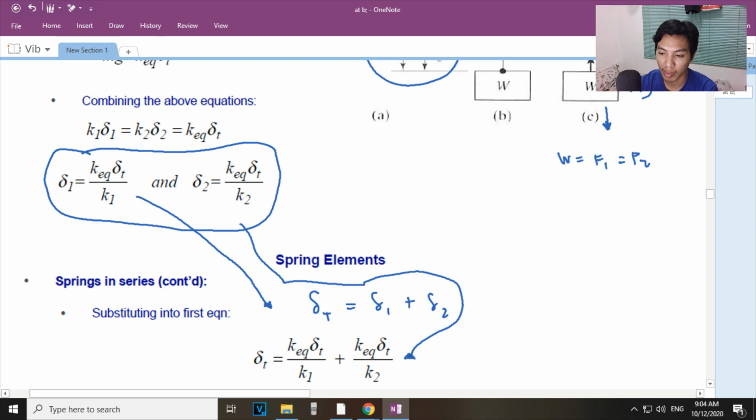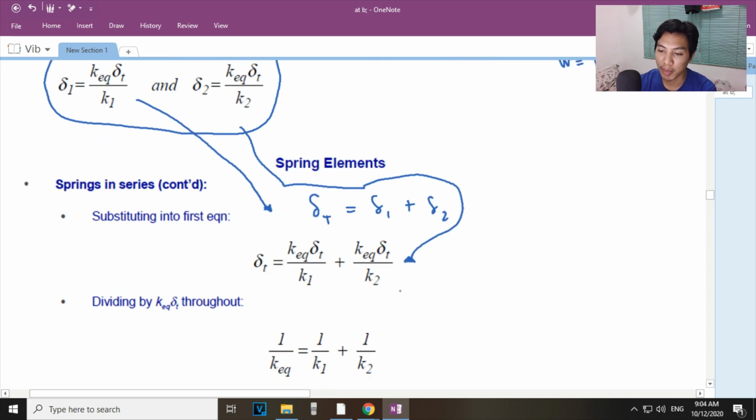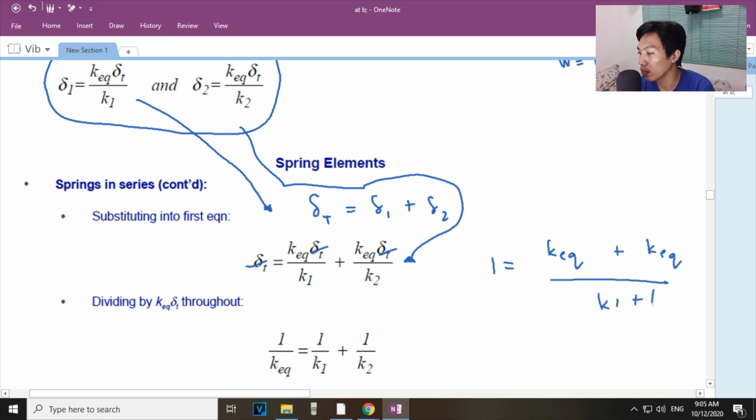Ayan. So, masisimplify natin siya. Okay? Cancel natin to. Cancel natin to. Cancel natin to. So, nag-arrive ka ng 1 equal to KEQ over K1 plus KEQ over K2. Kaya lang, hindi natin to pwedeng pagsamahin.